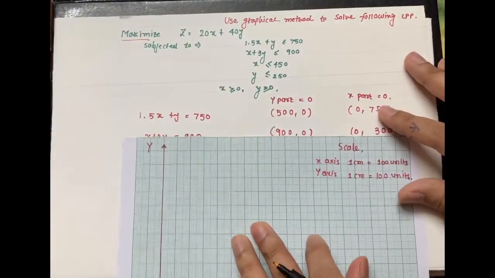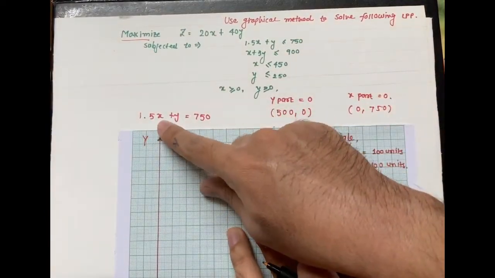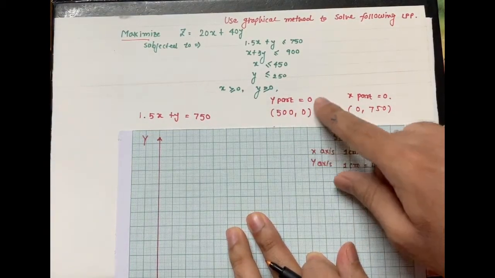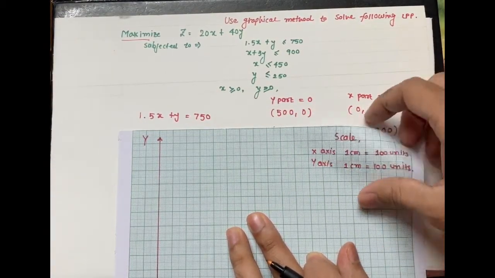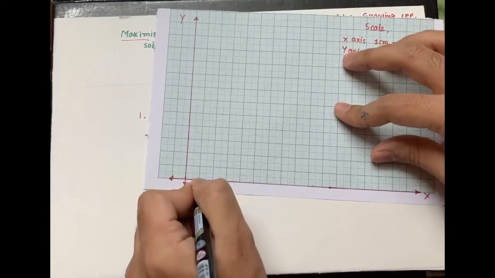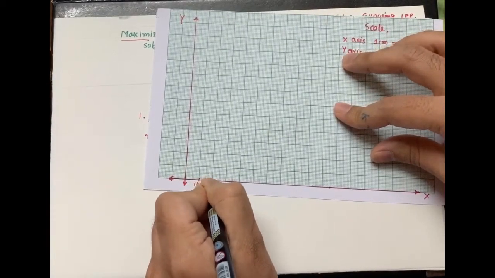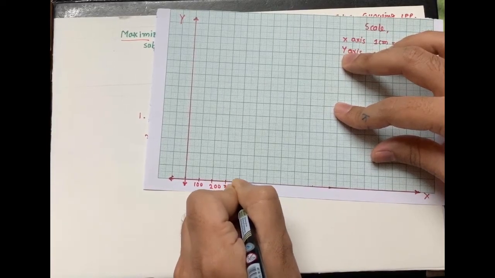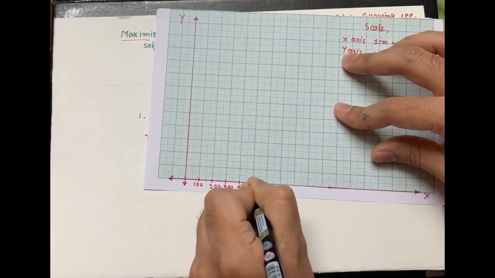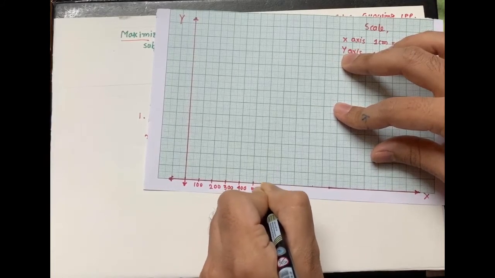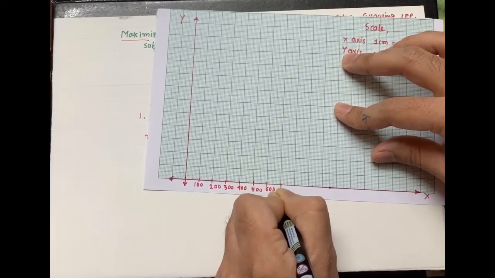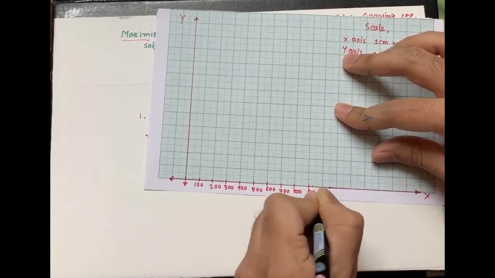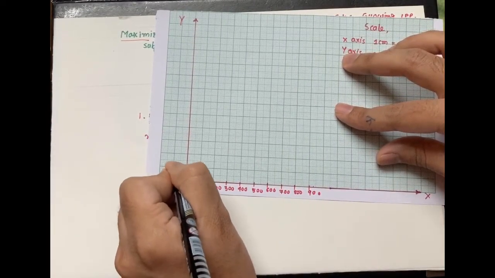Now if I require to plot my first line, this 1.5x plus y equals 750, it intersects at these 2 points, 500, 0. I require to write my scale here: 100, 200, 300, 400, 500, 700, 900.